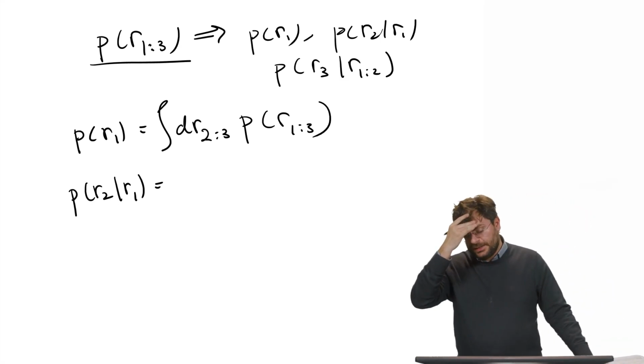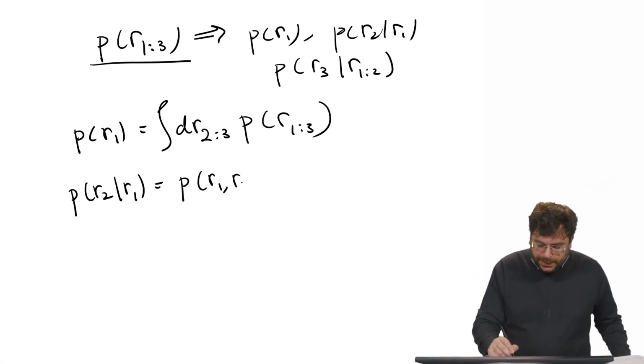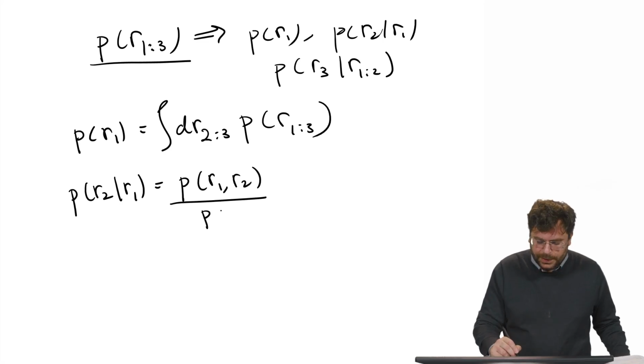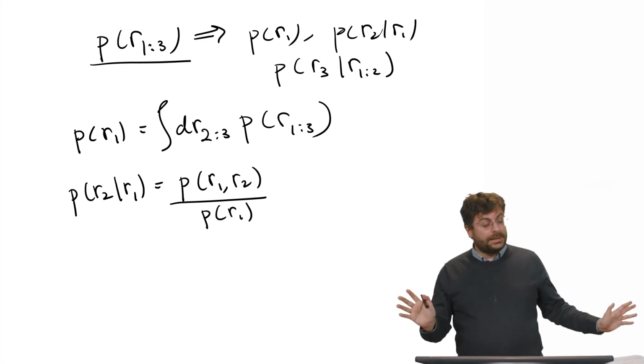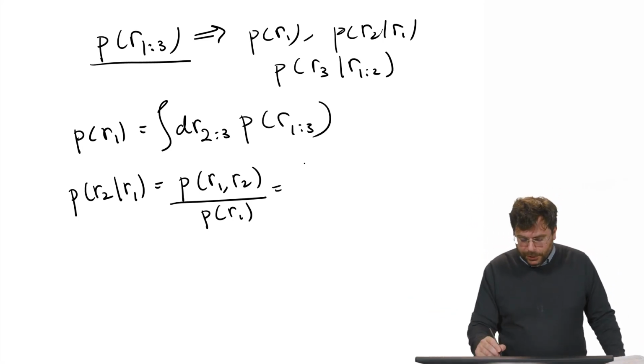Okay, then how do I obtain P of R2 given R1? That doesn't look so easy. Well, that's going to be P of R1 and R2 divided by P of R1. And you're going to tell me, oh, that's great, but I don't have P of R1 and R2. But you do, by marginalization over R3.